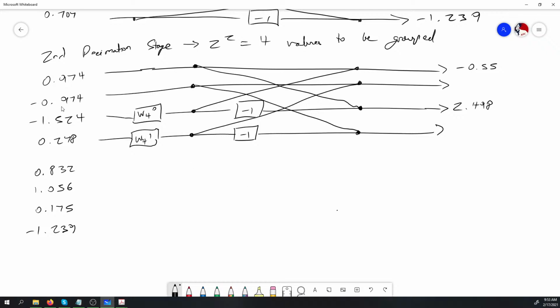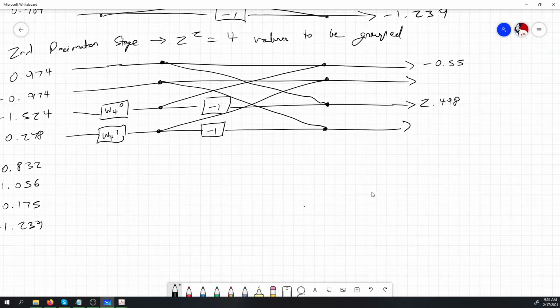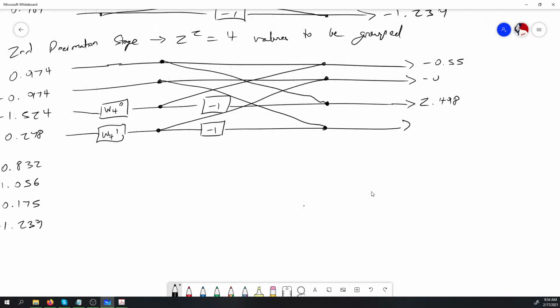When we do the calculation for this, this is going to be negative 0.974 going straight across, then 0.278 W4 of 1 going across here. W4 of 1 is going to be minus j from the twiddle factor values that we calculated. So this will result in negative 0.974 minus j 1.524.